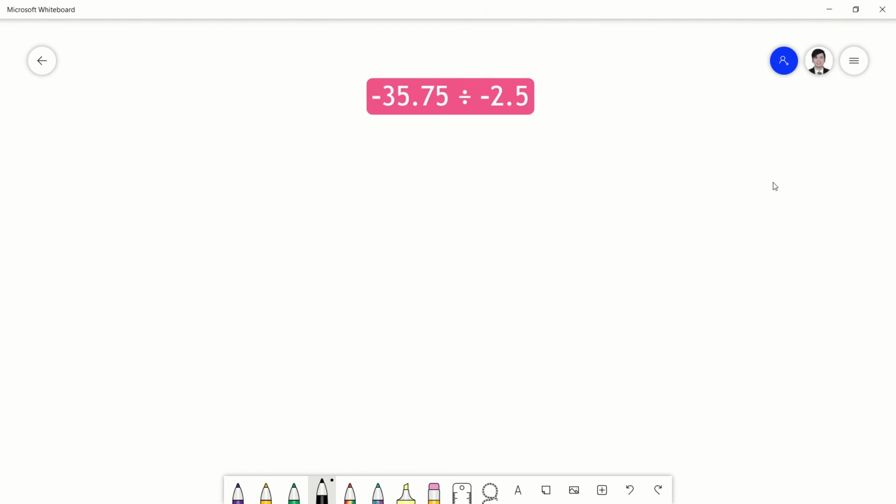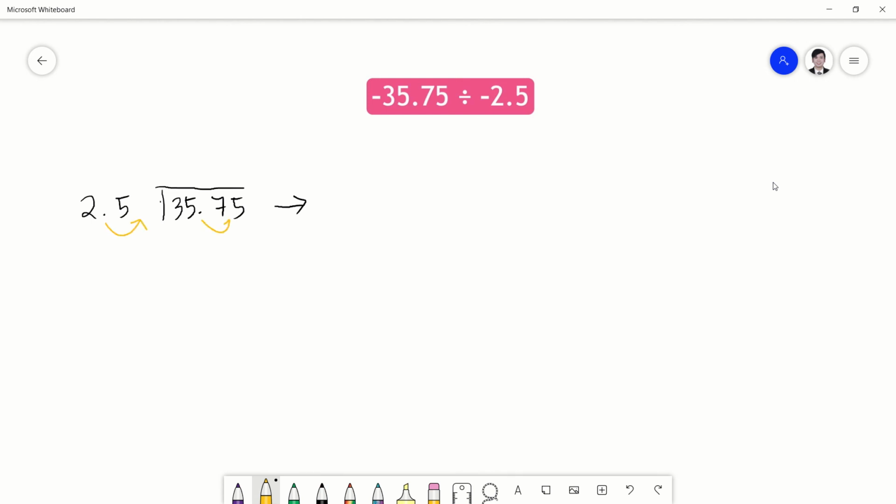Now let's proceed to our next example. We have negative 35.75 divided by negative 2.5. The operation this time is division. We will do the same thing. We have to make sure that the divisor becomes a whole number. So if we have 35.75 as our dividend and 2.5 as divisor, we move the decimal point once to the right.